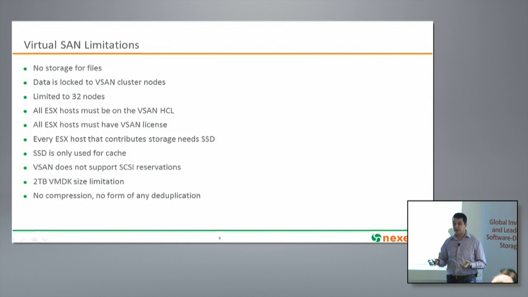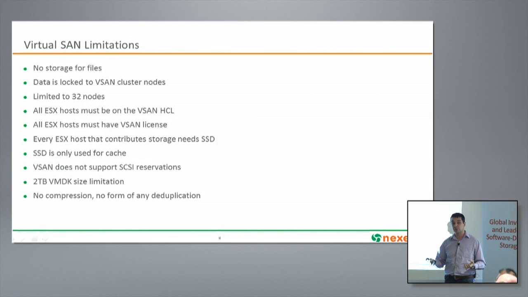So even if you have an all-SSD appliance, you need to mark your SSDs as HDD to make it work, a kind of fake vSAN design. And by the way, the last three are not announced, not well-known limitations.